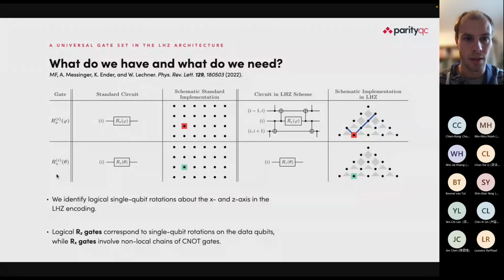So we can basically do any arbitrary operation on a single qubit. As you can see here, Z rotation in the LHZ scheme is very simple. It's just a single qubit rotation, whereas rotations about the x-axis require these CNOT chains along the logical lines. So what we still need now is some 2-qubit entangling gate, and this is what we are going to look into now.